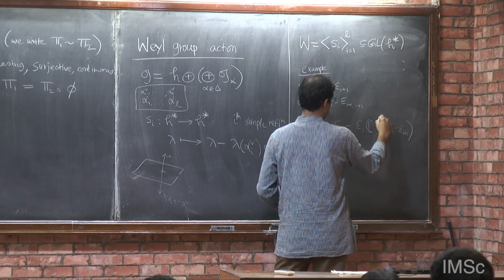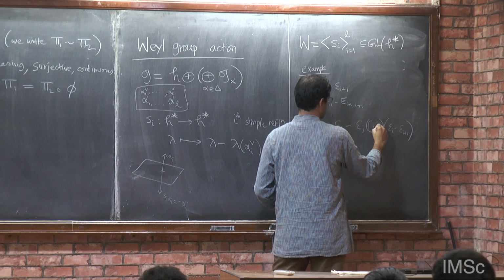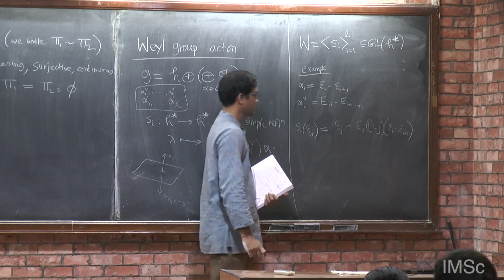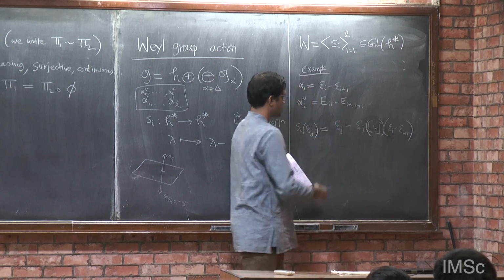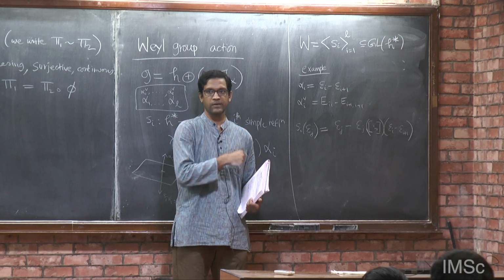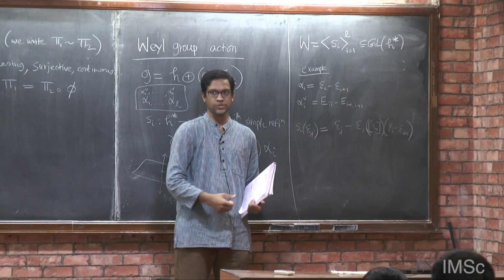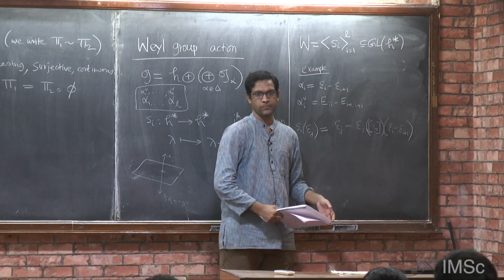So what's this diagonal matrix? Let me write out the matrix itself. It's got a 1 in the ith position and a minus 1 in the next position, i plus 1. This is what the diagonal matrix looks like. And now I'm going to evaluate epsilon_j on that. Epsilon_j by definition gives you just the jth diagonal entry.